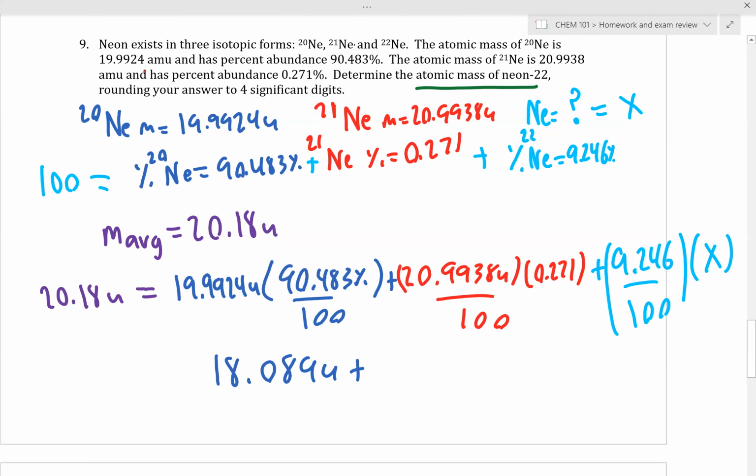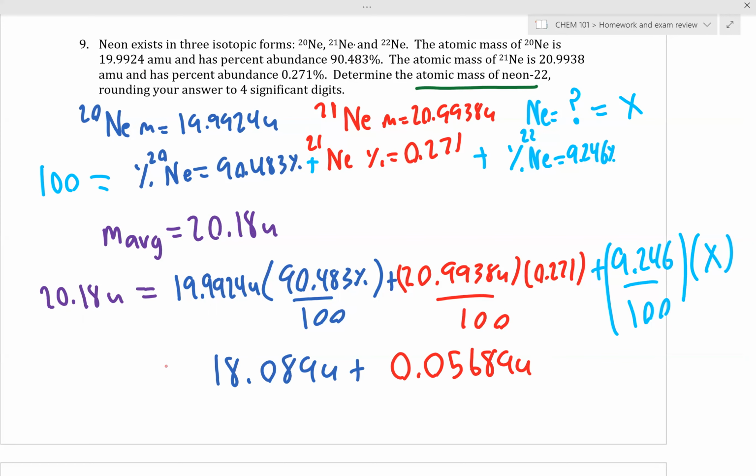Can we process the expression in red, or is that all numbers? Yep, so we can do that. Okay, so we have 20.9938 times 0.271 divided by 100. And that in turn gives us 0.05689 AMU. I'm over retaining sig figs just to cover my bases here.